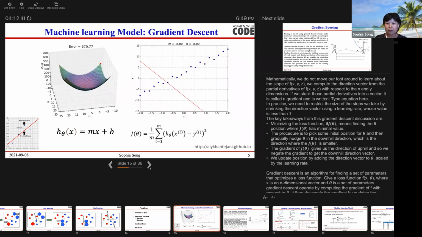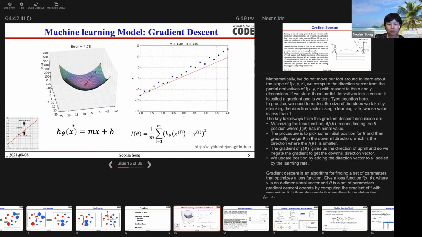To make our model's loss function, the difference between the prediction and the real data, as small as possible. That's gradient descent. The key takeaway is that the purpose is to minimize the loss function, to find the optimized parameters.